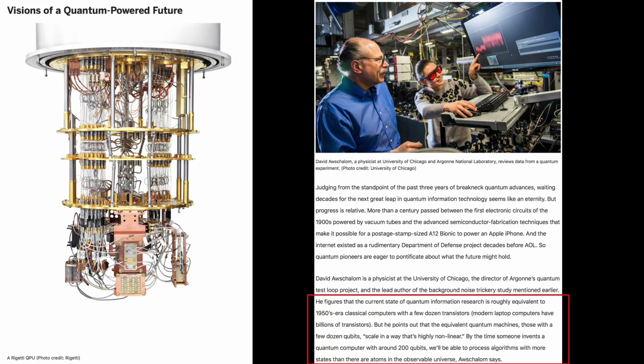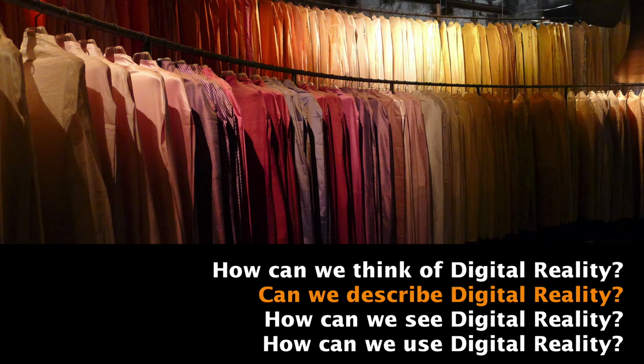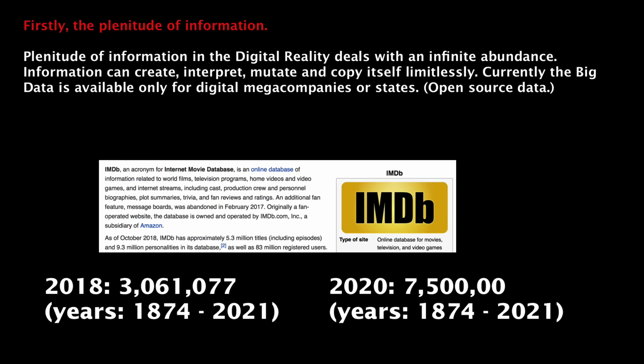Okay, so we could ask, how can we describe digital reality? From the viewpoint of empirical research, I have found six different possibilities to describe what has happened in this process of changing the paradigm. Firstly, it's the plenitude of information. Plenitude of information in the digital realities deals with an infinite abundance.